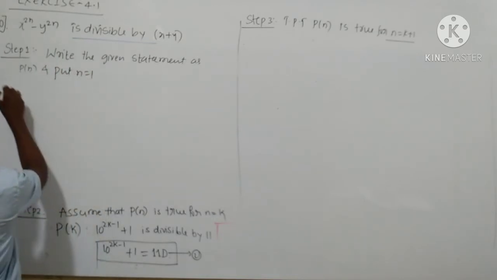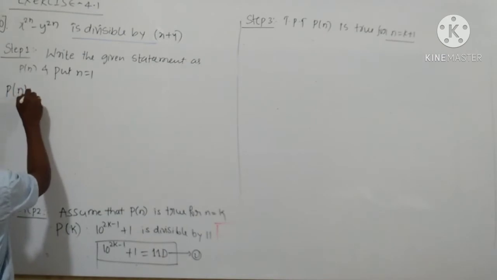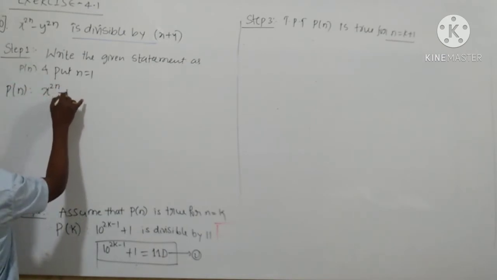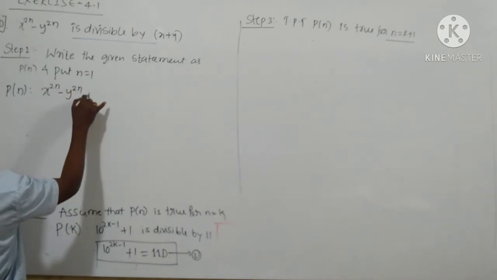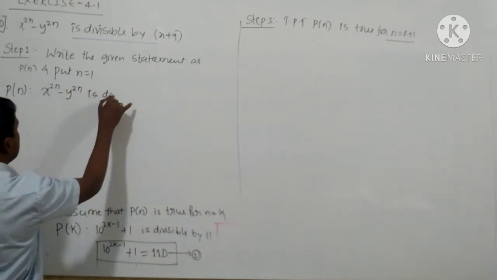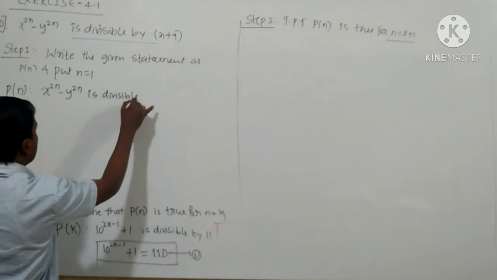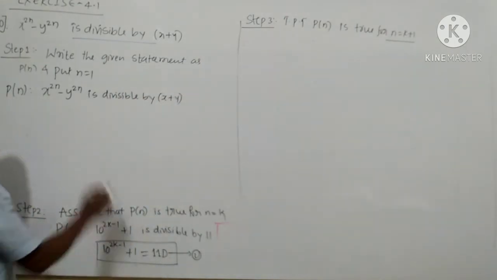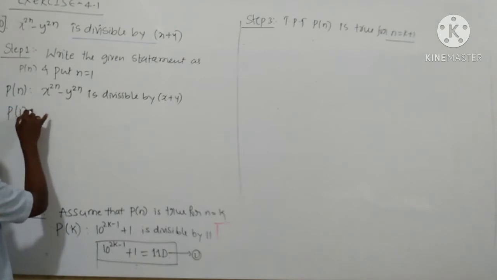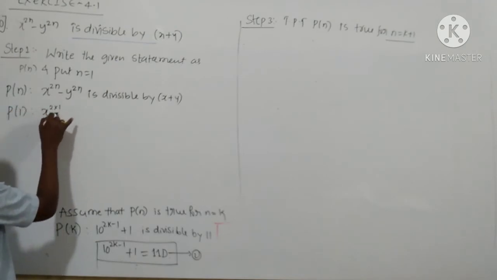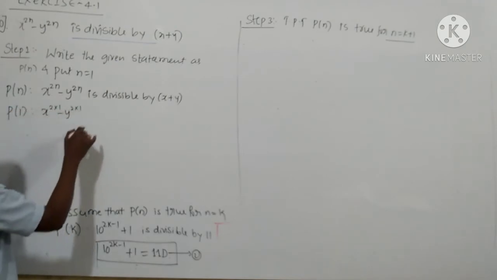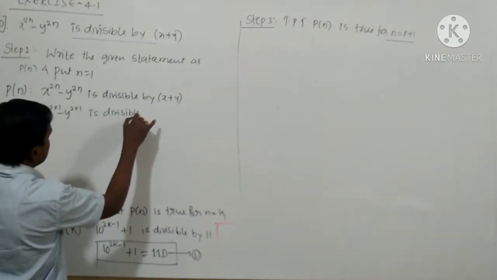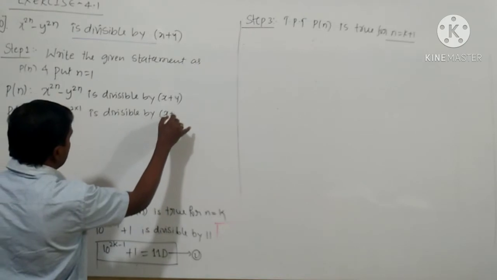So P of n is such that x to the power 2n minus y to the power 2n is divisible by x plus y. Okay, now substitute the value of n is equal to 1. So x to the power 2 into 1 minus y to the power 2 into 1 is divisible by x plus y. Okay, right.